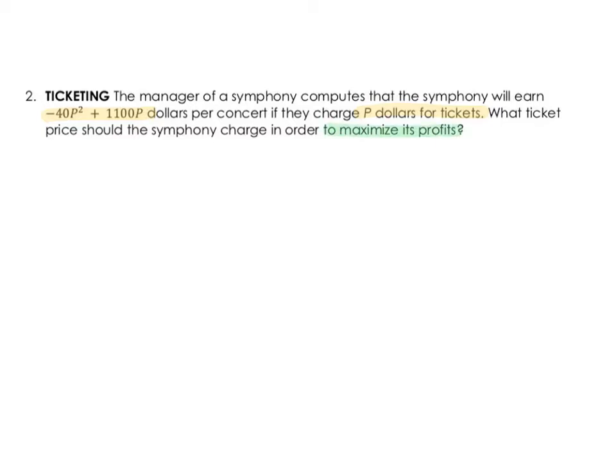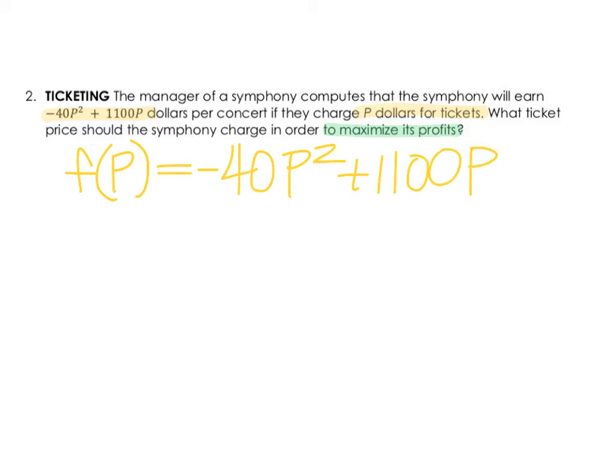The key information we get from the highlighted information is that we have a quadratic function here. The function is f of p, because we're talking about p dollars for tickets: f of p equals negative 40 p squared plus 1100 p. So there's the quadratic function that we're going to be dealing with.